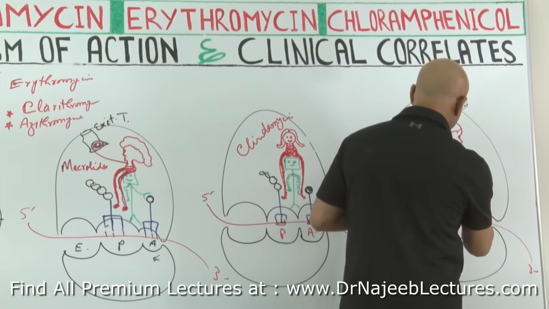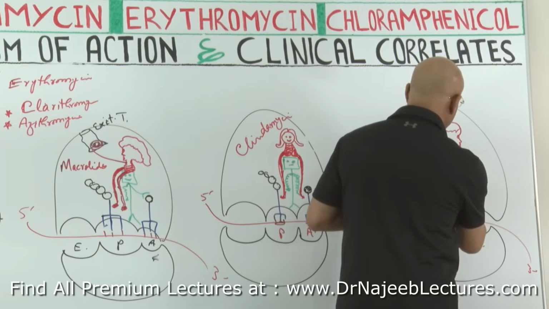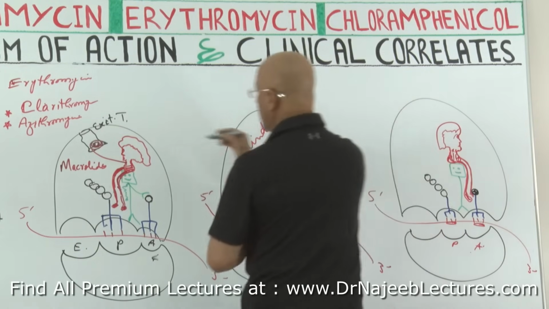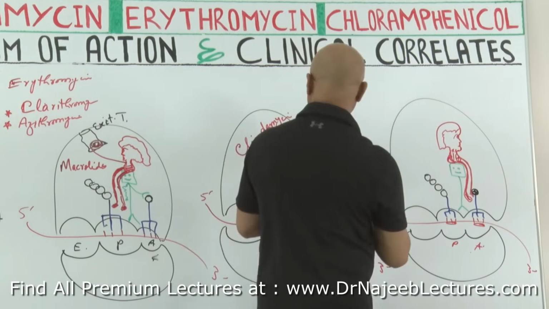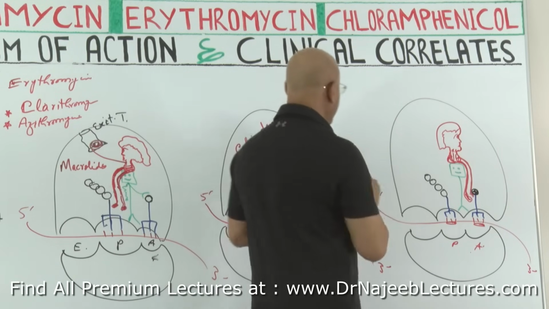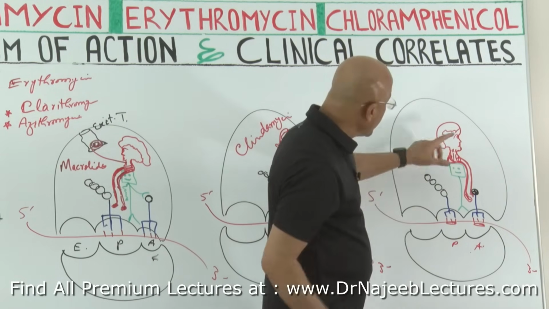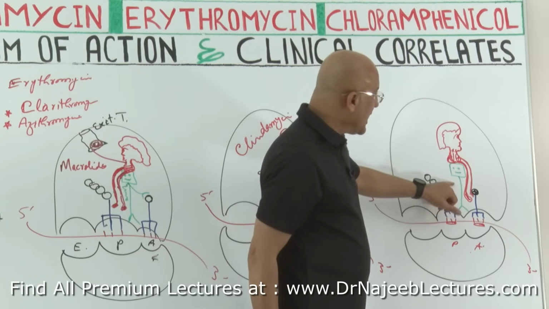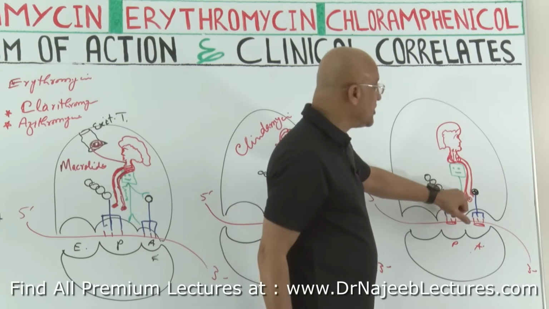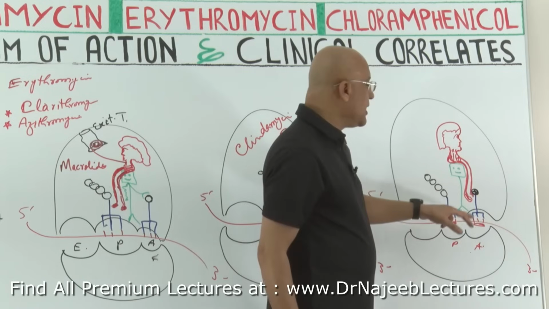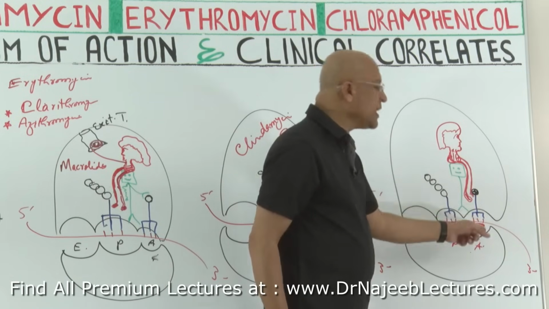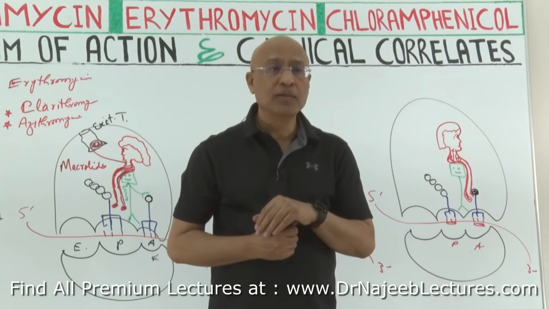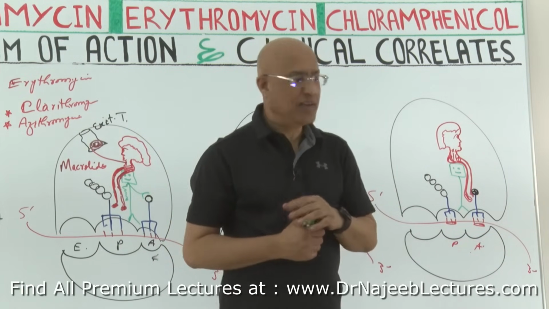This is your chloramphenicol. Now this lady sitting on peptidyl transferase, attaching to it, and its disruptive domain especially disrupts the function at the A site where aminoacyl transfer RNA comes with the newly incoming amino acid.